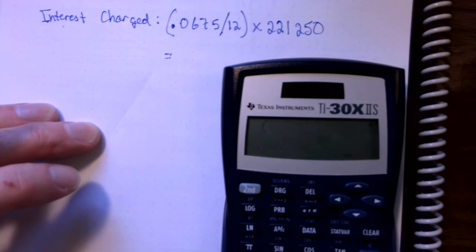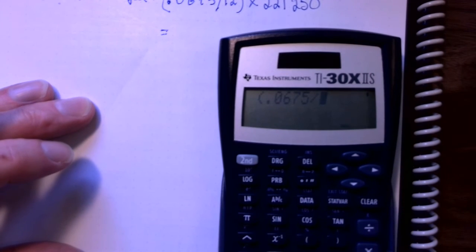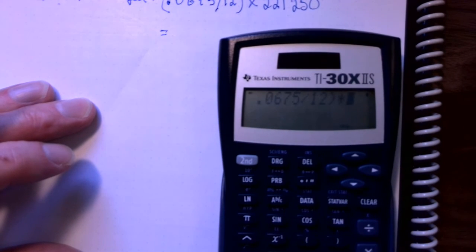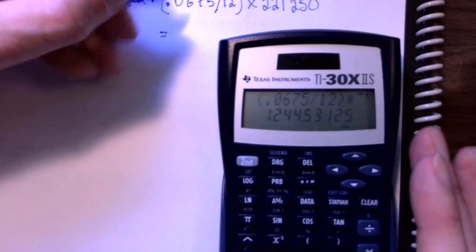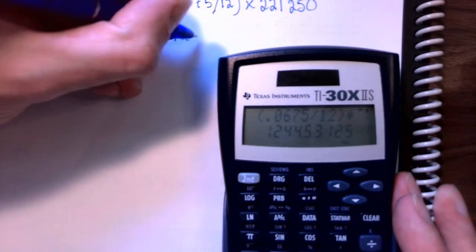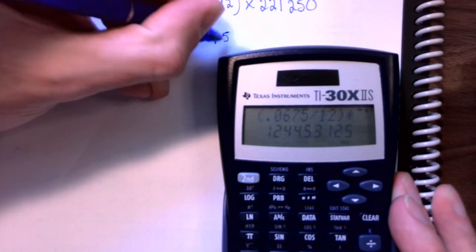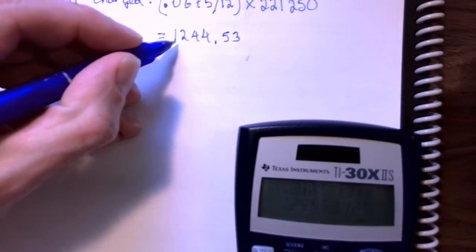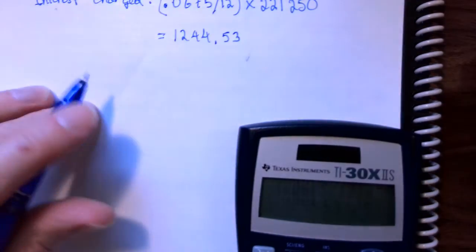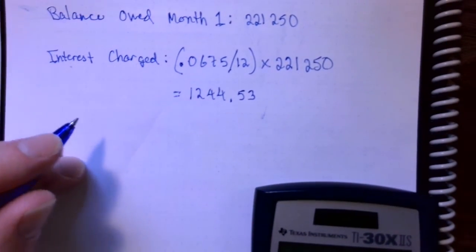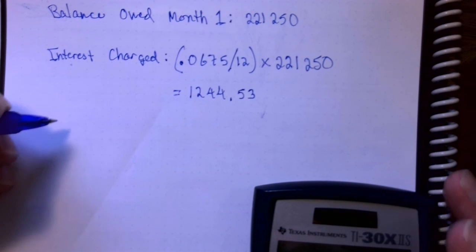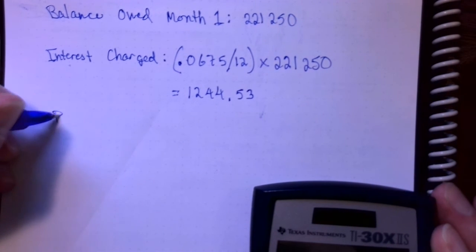So open up parenthesis 0.0675 divided by 12, close that parenthesis, times $221,250. So the interest that you owe in the first month is $1,244.53. That's for the first month, the interest you're going to have to pay.